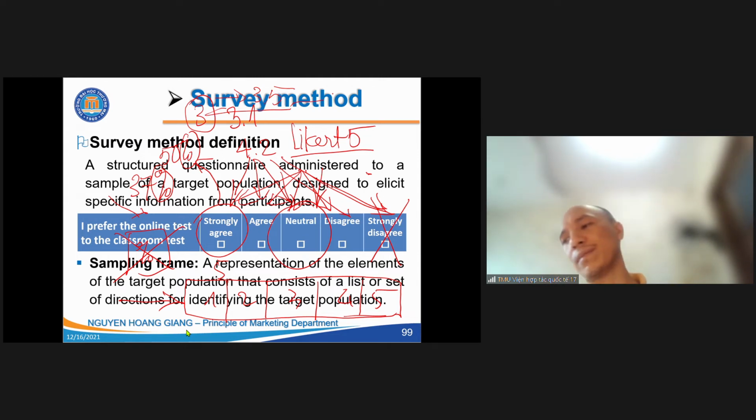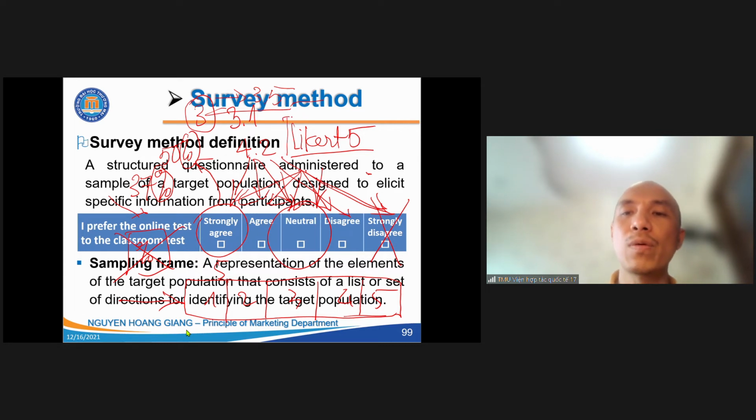More than that, maybe perfect or something like that. So normally with this kind of question, especially if you use the Likert scale, you can't consider the percentage, but you have to count in numbers, normally the average number. So remember that.